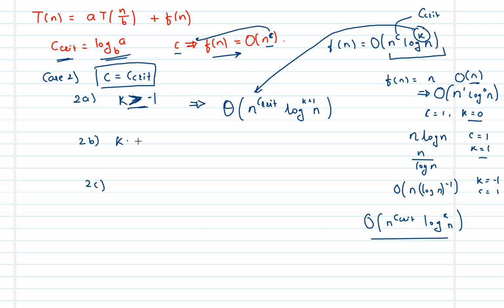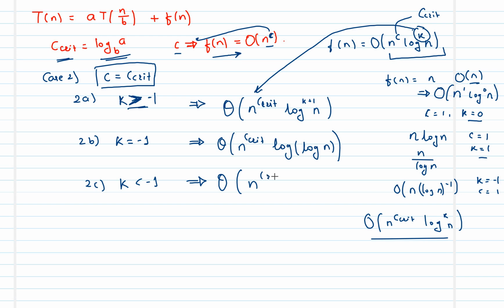What if k equal to minus 1? Again it is theta of n to the power c critical, the only change will happen here, it is log of log n, if k equal to minus 1. And what if we have k less than minus 1? That implies theta of n to the power c critical.